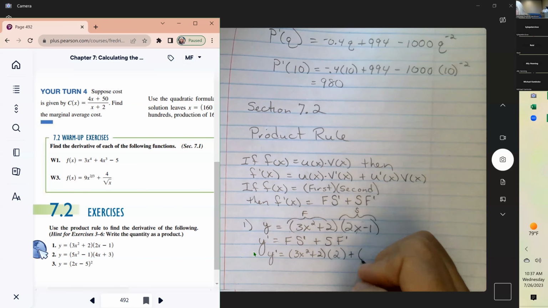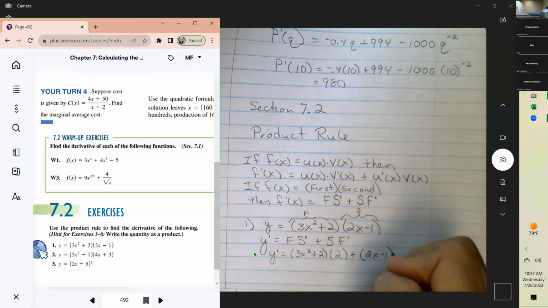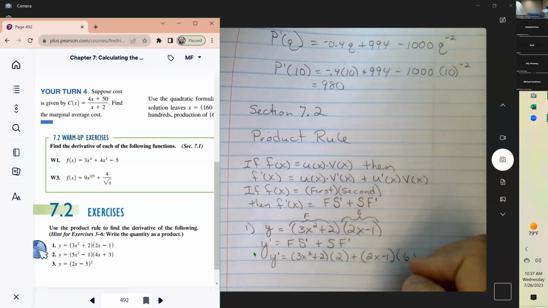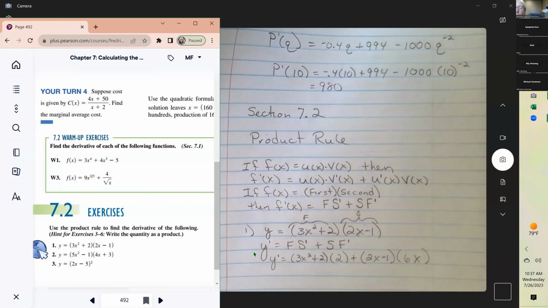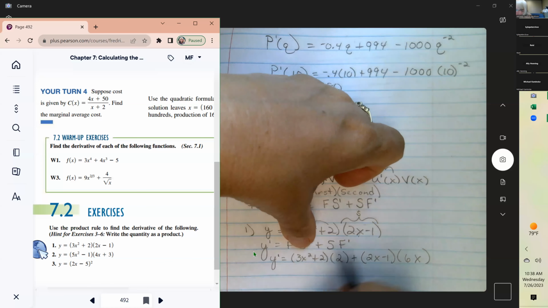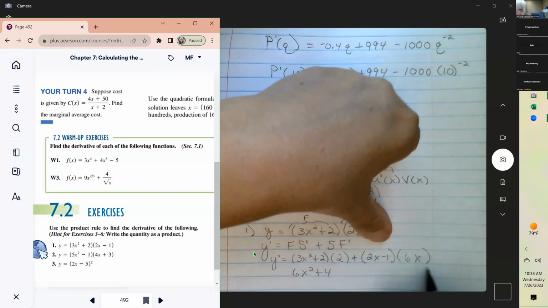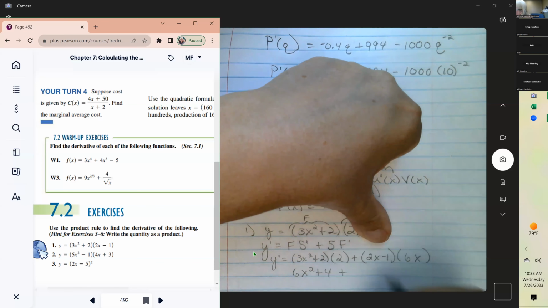Plus the second times the derivative of the first. 6x to the first, 2 goes to 0. These basic ones, my math lab will probably want you to multiply out and combine like terms by distributing your 2 and your 6x.